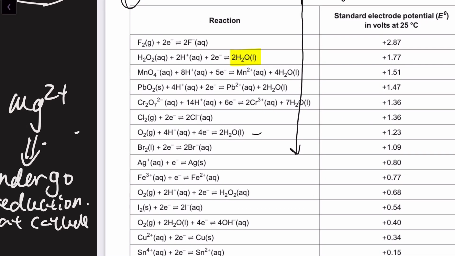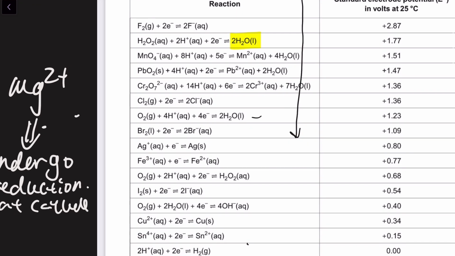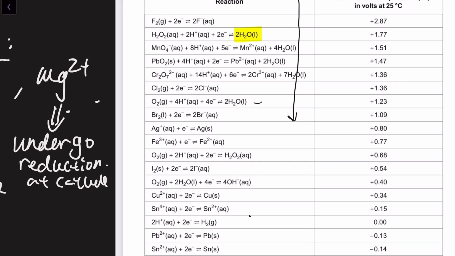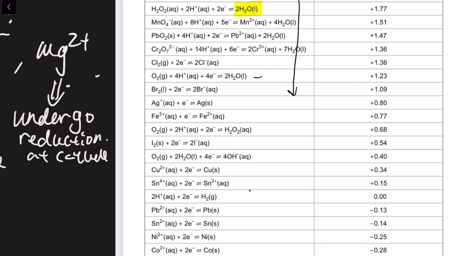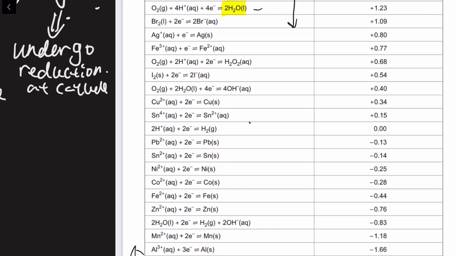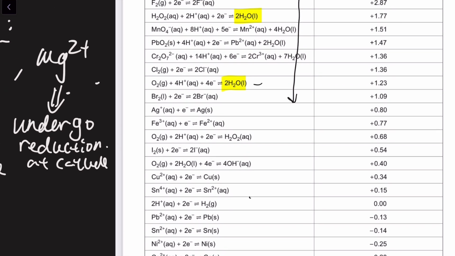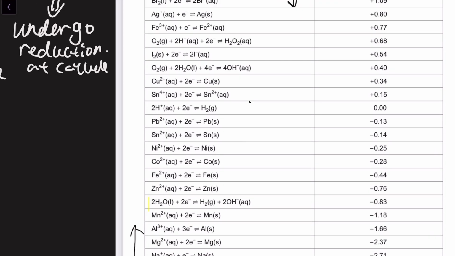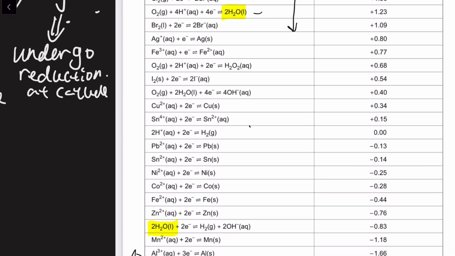We don't really need to worry about this, as we have already discussed, since we don't have those ions present in our system. We have water here. And then let's look at the left hand side. We have water here. We also have water here.